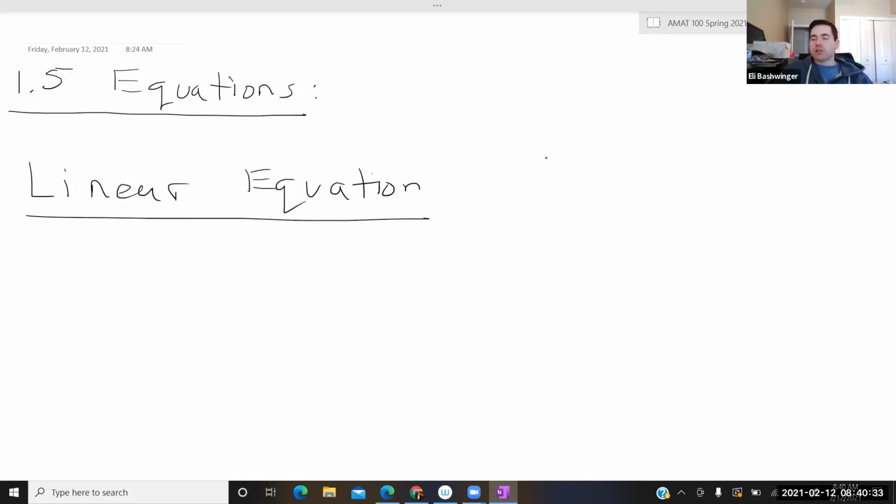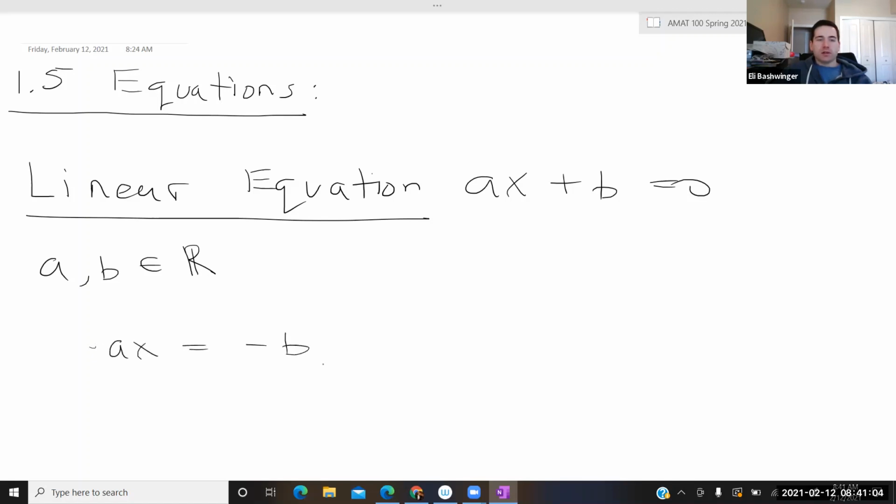A linear equation is something of the form ax plus b equals 0, where a and b are real numbers. To solve the general linear equation, you would just subtract b from both sides. That will give you ax equals negative b.